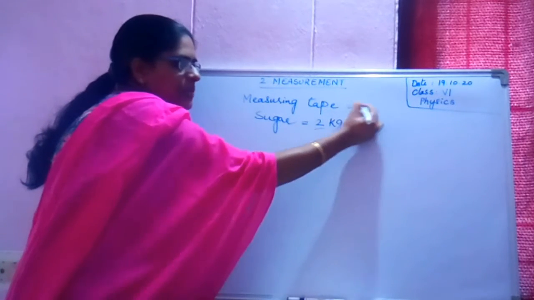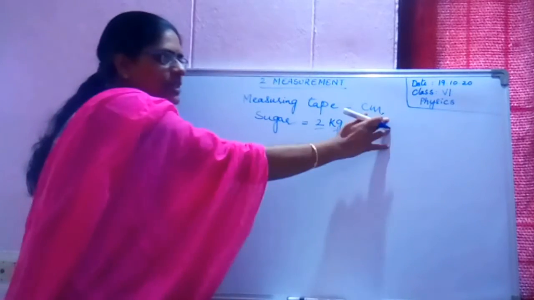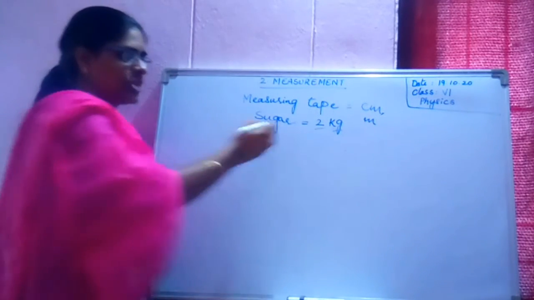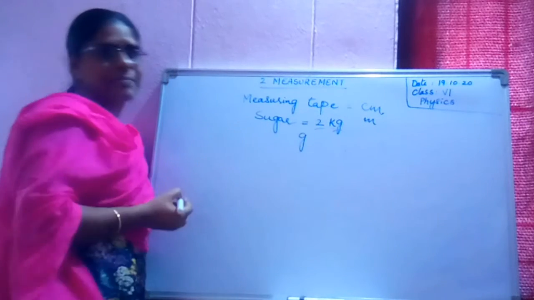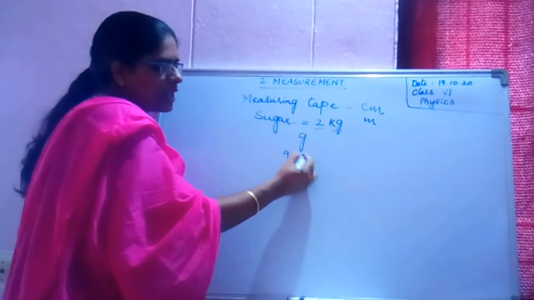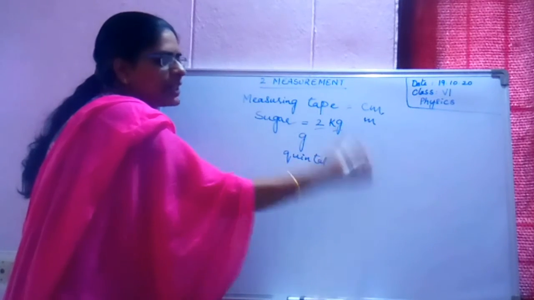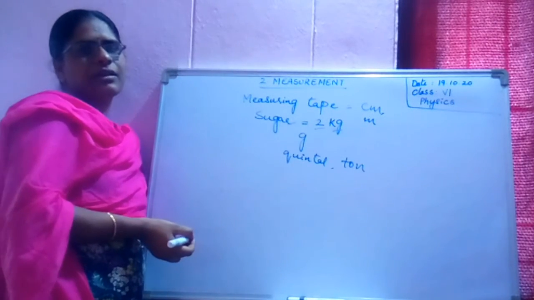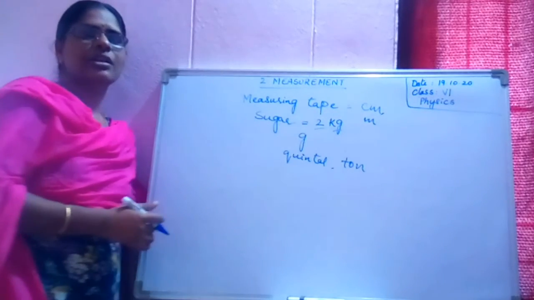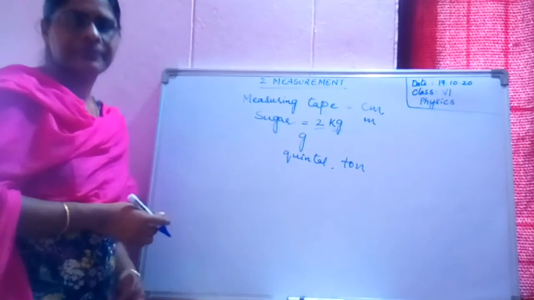By using a measuring tape, centimeter or meter. Yes or no? Now, sometimes you may be saying grams. Sometimes you may be saying quintal. Sometimes you may be hearing a word called ton. Feet, inches.